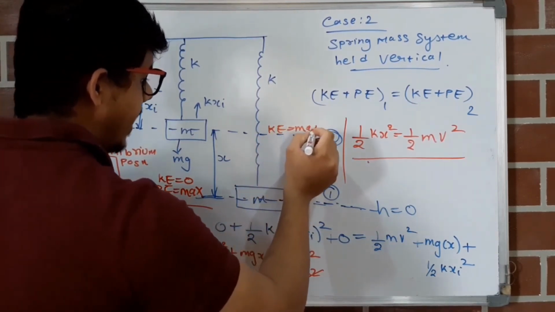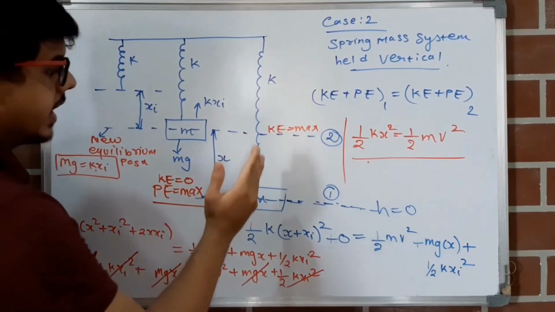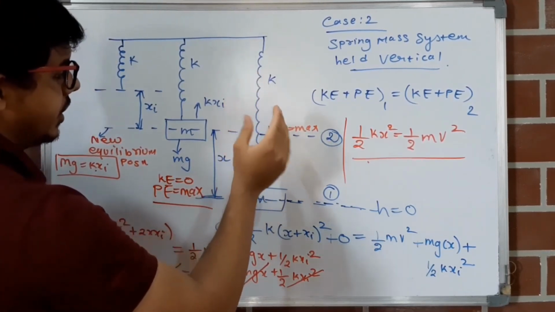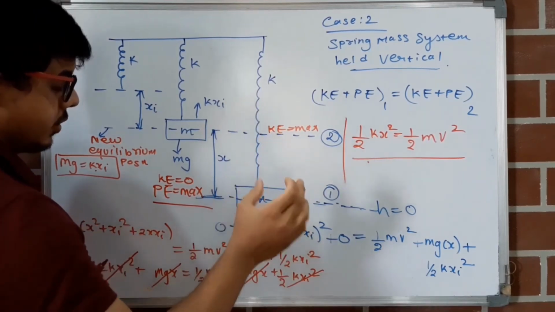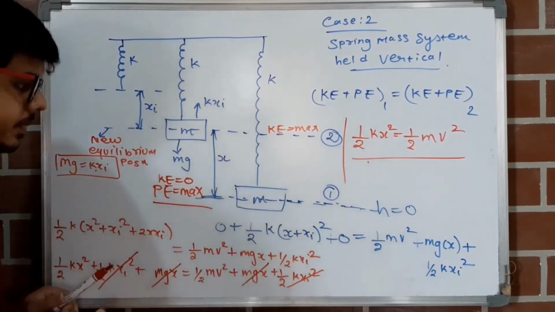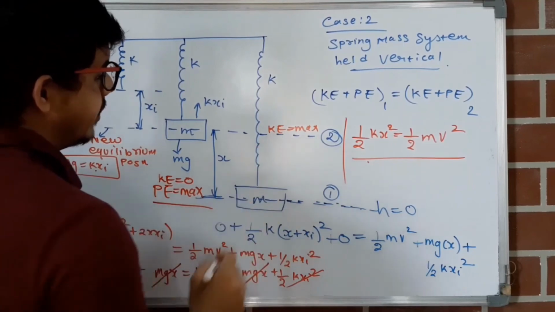It will be maximum. Why maximum? Because as the mass reaches the equilibrium position, the velocity of the mass will be maximum. So the kinetic energy will be maximum, and potential energy will be zero.